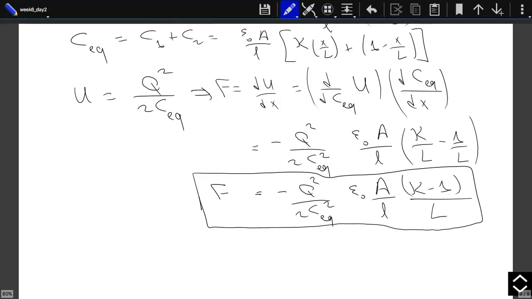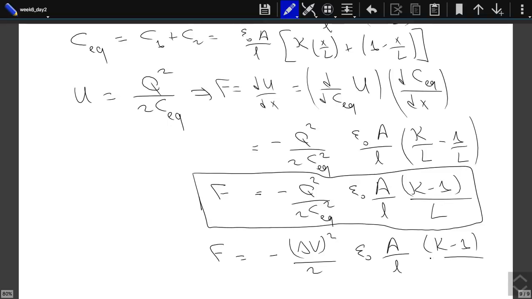Now, Q over C is just the potential difference across the capacitor. So the force is equal to minus delta V squared over 2 times epsilon 0 A over L times kappa minus 1, divided by L.